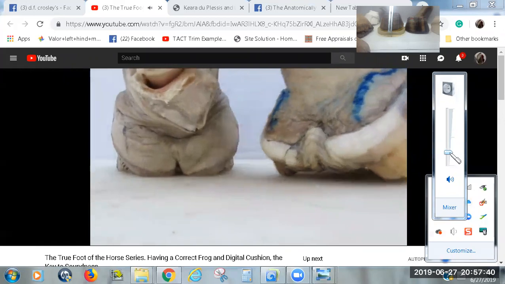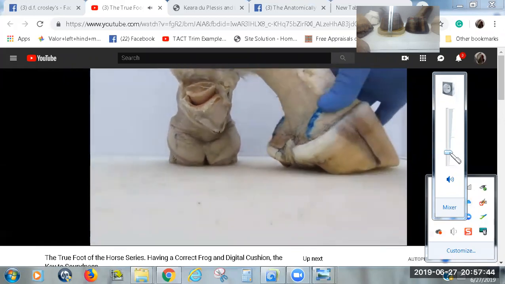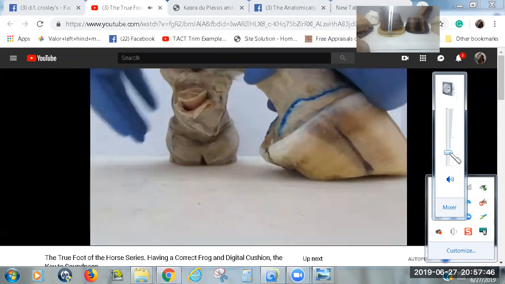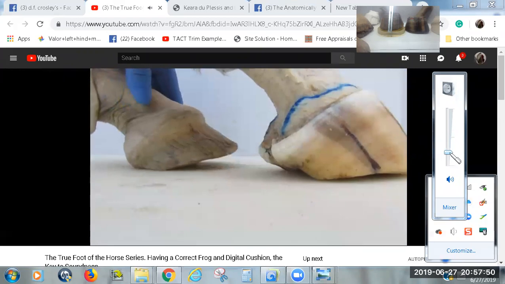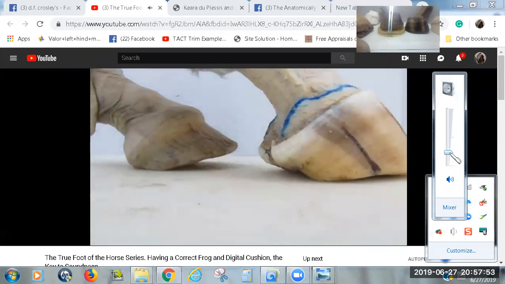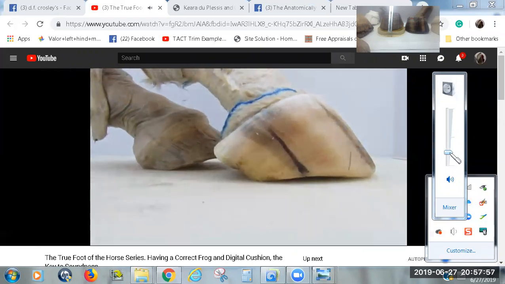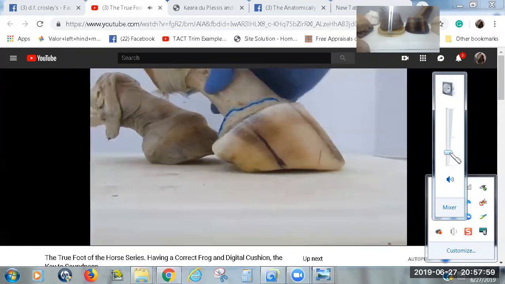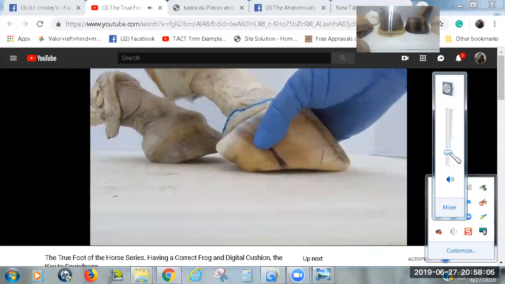Again, I wish I could keep that up, but I can't. Look, here's the pastern right here. There's your pastern. When your horse moves, this descends down like that.